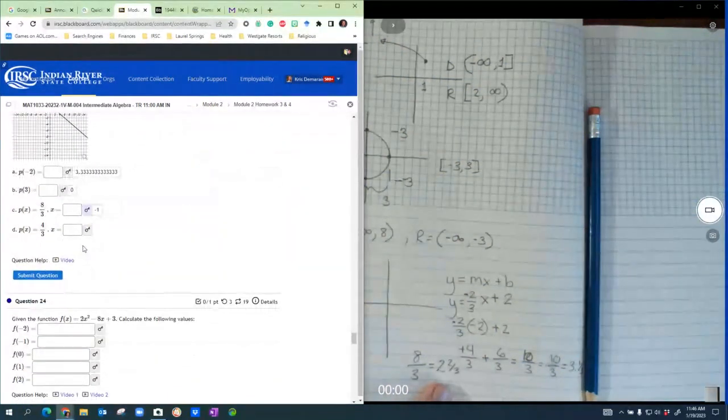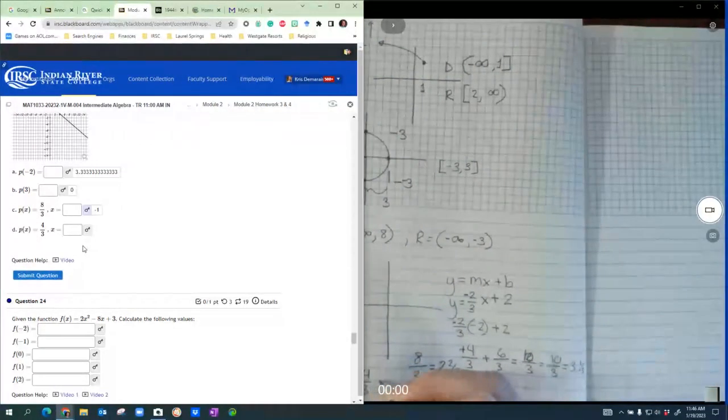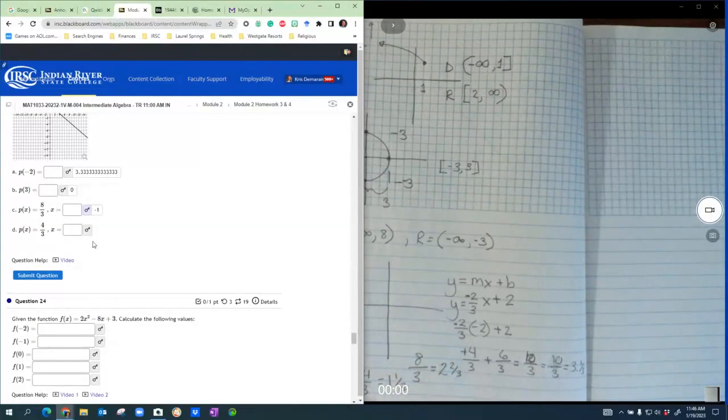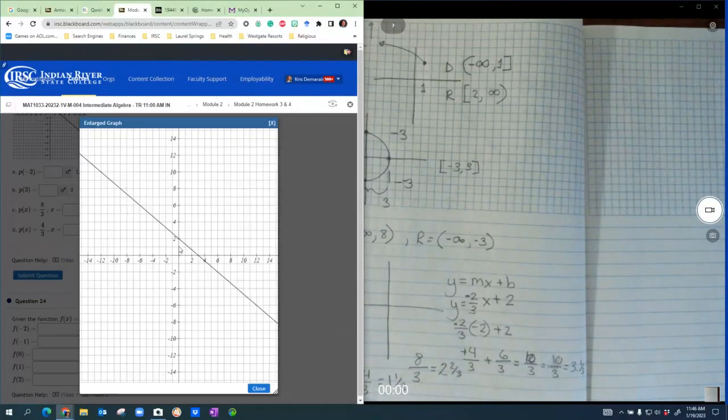All right. Now the output is 4 over 3, which is the same thing as 1 and 1/3. So I'm looking for 1 and 1/3 for the output. So I look for 1 and 1/3, which is right about here, and that's going to give me +1.